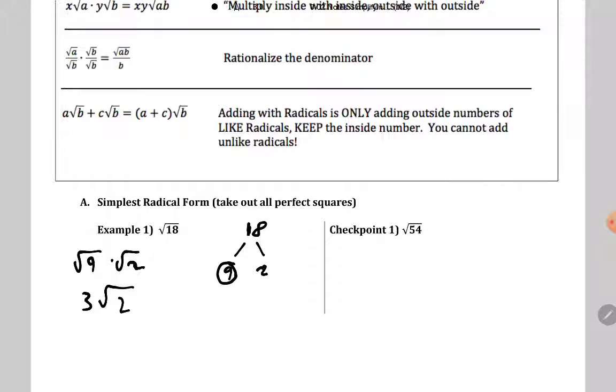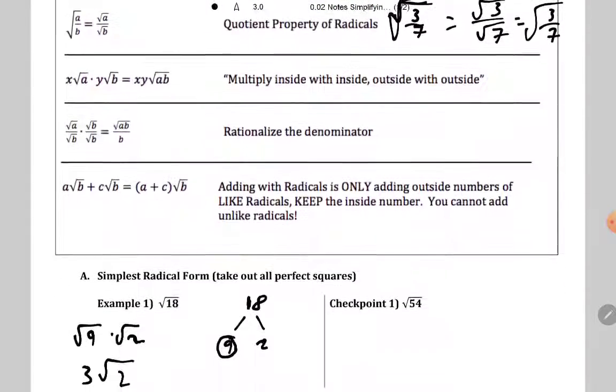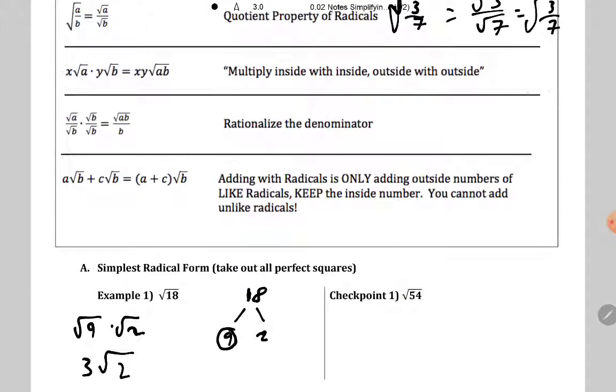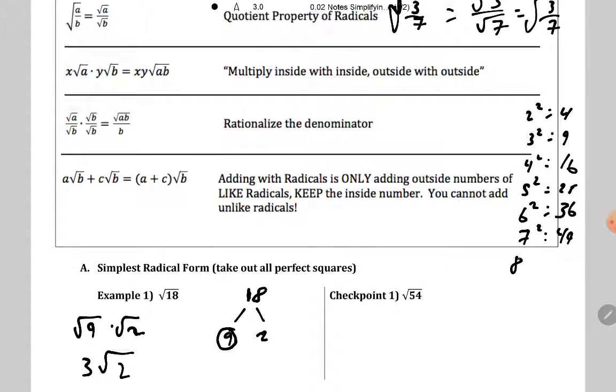Now one thing you might want to write down is the list of perfect squares. So we have 2 squared, which is 4. 3 squared equals 9. 4 squared equals 16. 5 squared equals 25. 6 squared equals 36. 7 squared equals 49. 8 squared equals 64. 9 squared equals 81.